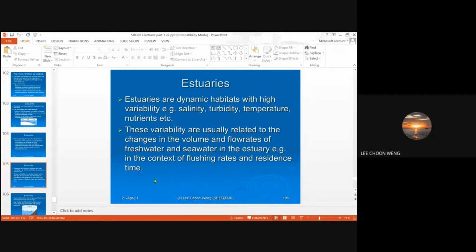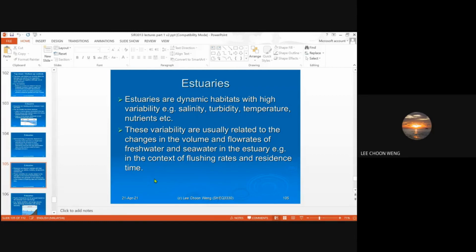Flushing rates and residence time mean how much time it takes before the water in the river mouth is replaced. Okay, so that of course is dependent on the flow of the river and also the inflow of the seawater. So how long it takes before the water in the river mouth is replaced or flushed out.